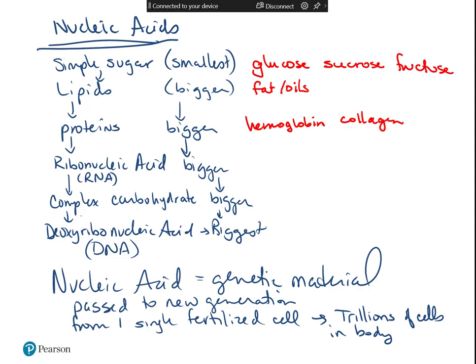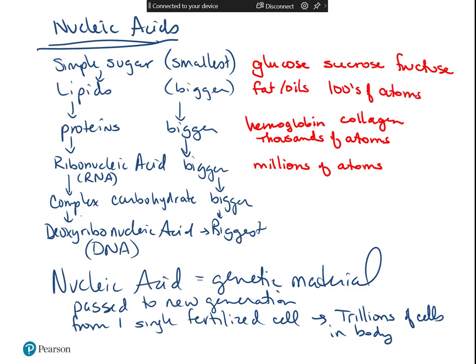The only ones that rival that are the polysaccharides. RNA is typically a couple of million, so these are millions of atoms. Whereas hemoglobin is maybe thousands. Lipids are maybe hundreds of atoms. And the simple sugars are less than 100 atoms total.